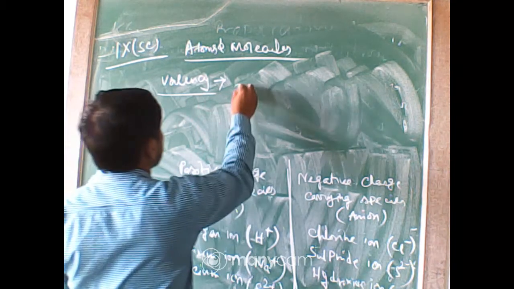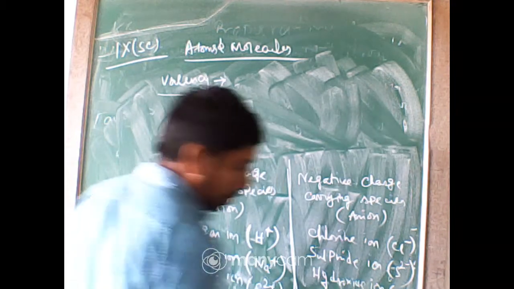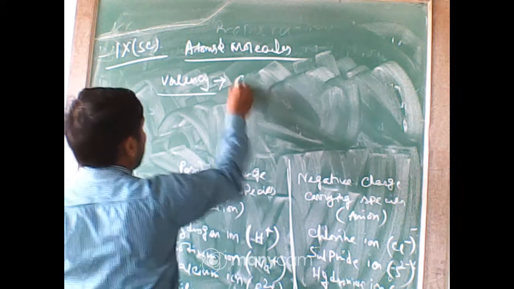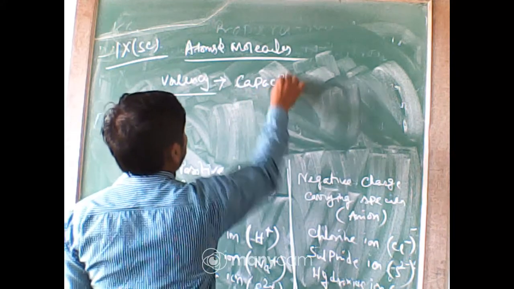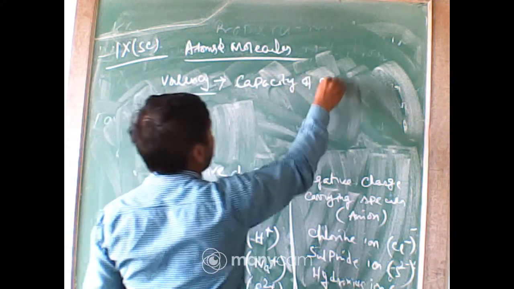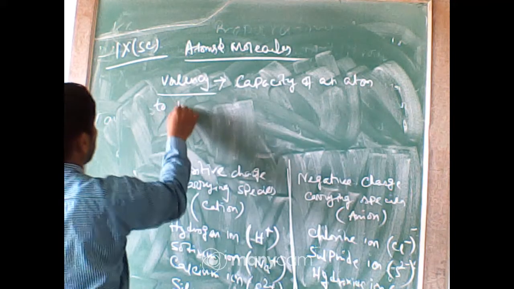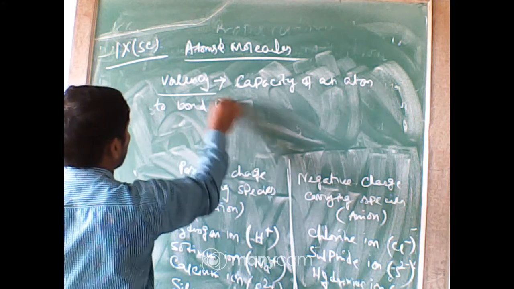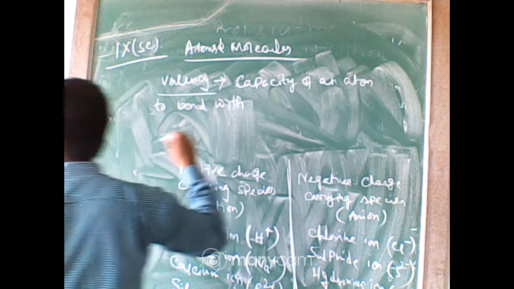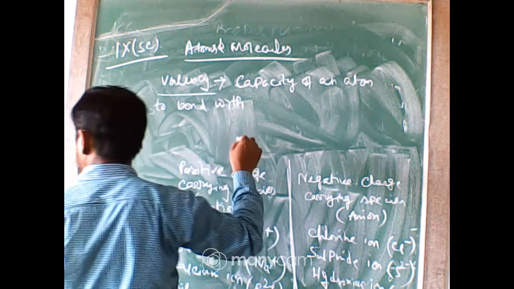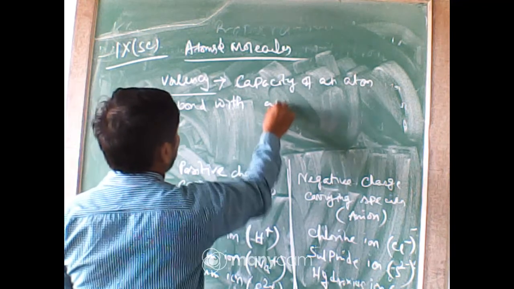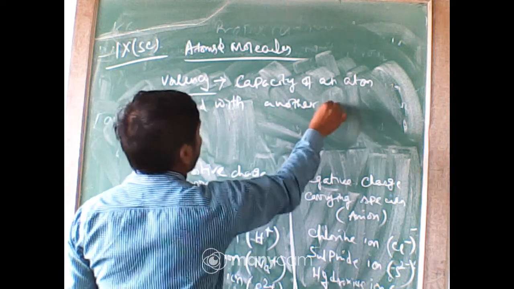Valency is that capacity of an element, capacity of an atom to bond with another species, to bond with another atom.